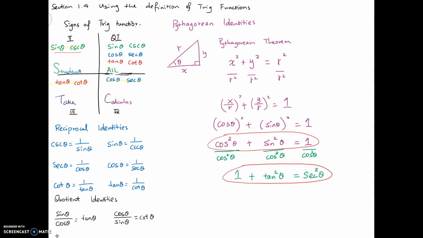Then to find the third one, I have to go back to my original one, so I'm going to erase it. So instead of dividing everything by cosine square, I can divide everything by sine square. When I divide everything by sine square theta, sine square theta over sine square theta is 1. 1 over sine square theta, that is cosecant square.